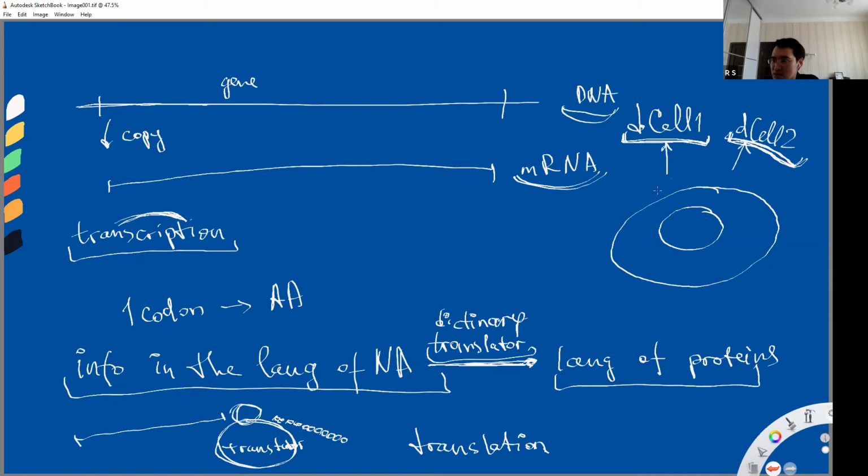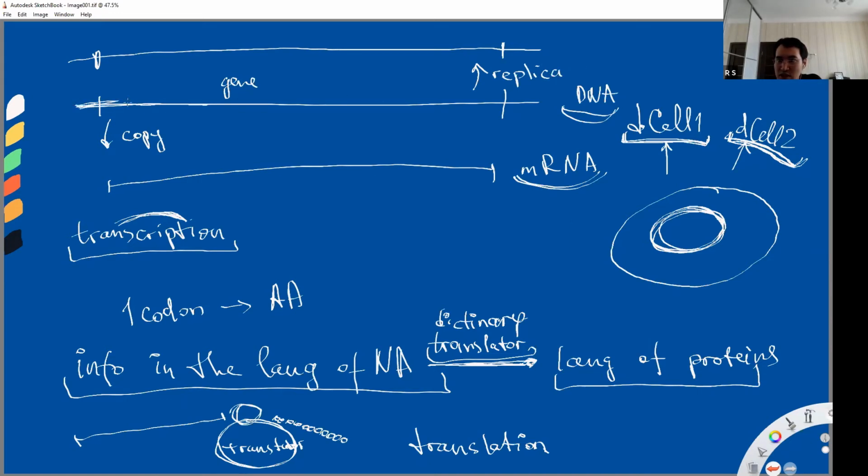So this genetic information should be identical for both of the cells. But how do you do that? You have only one copy of all the DNA that you have. So you just replicate it. Instead of one DNA molecule, you will have two identical ones. You made a copy of it, and this is called replication. So you make a replica of the initial DNA.